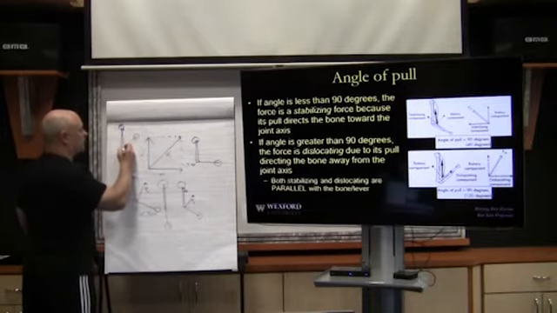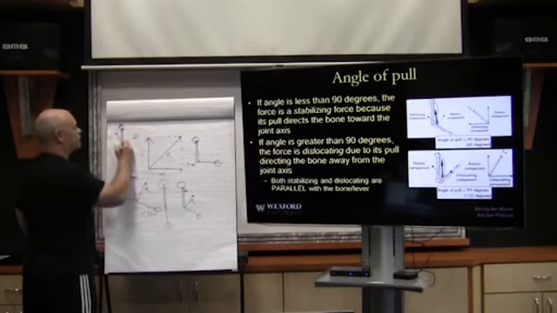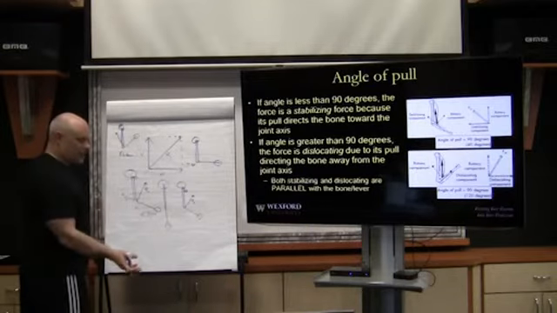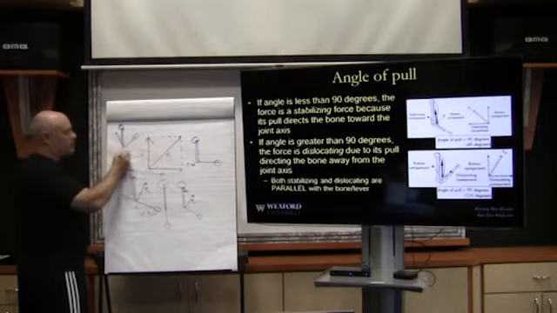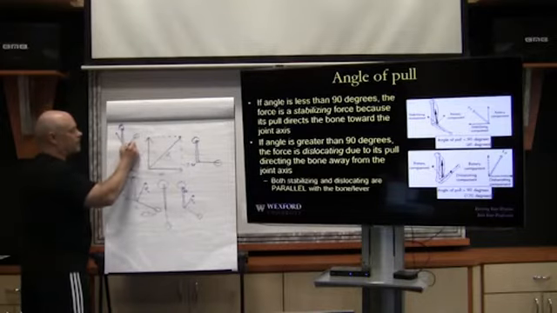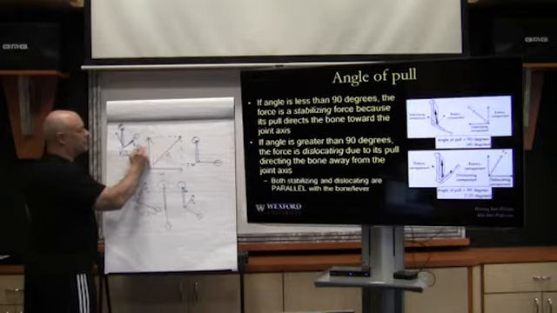Insertion always pulls toward the origin. We still have the rotary component, which is perpendicular, but instead of pulling it into the joint, as we go past 90, the bone wants to pull away from it because the muscle wants to pull it away. So that would be a dislocating force.